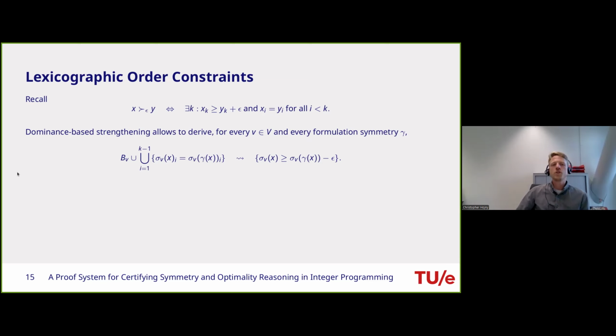What we then can do is use the dominance-based strengthening rule to derive at every node of the branch and bound tree, for a formulation symmetry gamma, the following constraint.